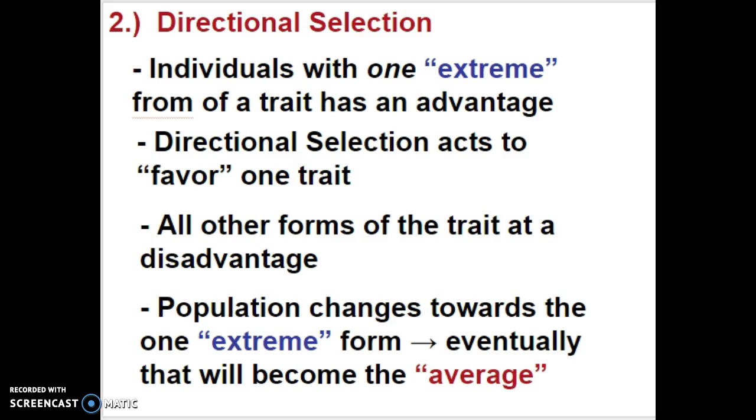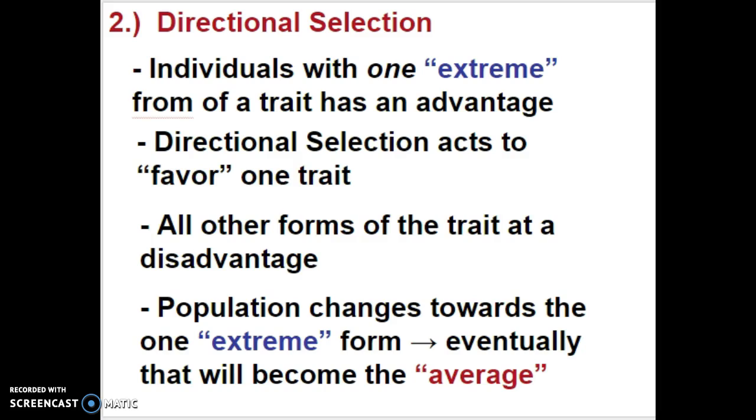Directional selection is where the population is going to change to one extreme form of the trait. So individuals with one extreme form has an advantage. So directional selection acts to favor one particular trait. So everything else is at a disadvantage.